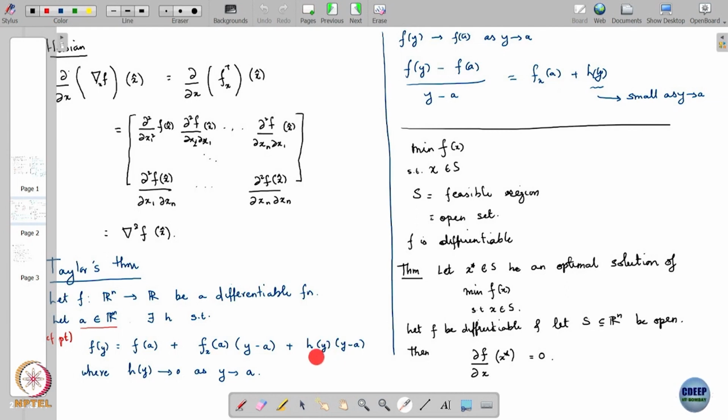It is such that h itself goes to 0 as y goes to 0, y minus a also goes to 0 as y goes to 0, but because h goes to 0, this residue that is left is such that if I divide that by y minus a, that also goes to 0.